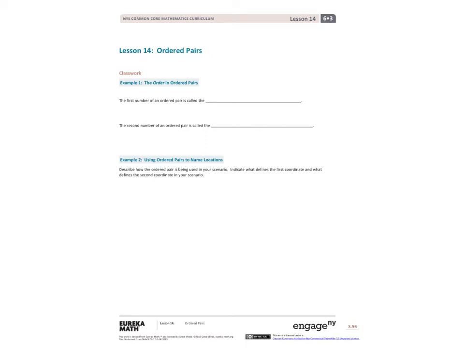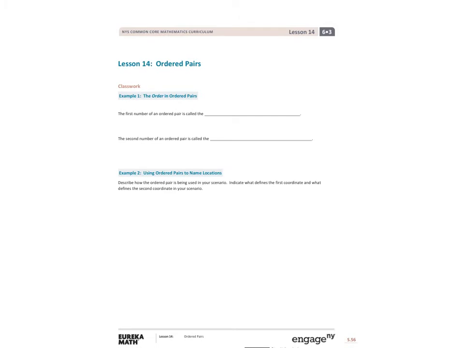So we're starting out, it says the order in ordered pairs, the first number of an ordered pair is called the, and I'm going to write it in here, the first coordinate. Okay, and then guess what?